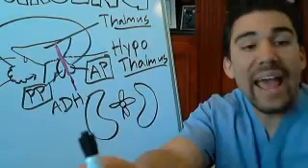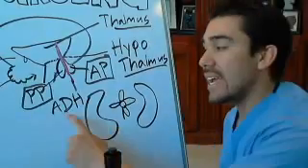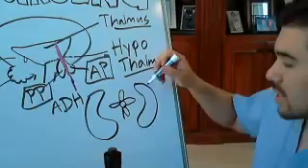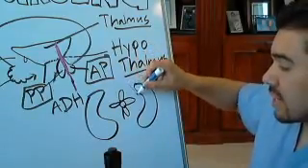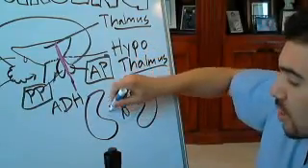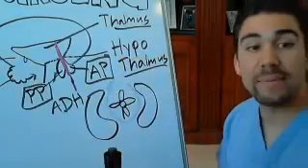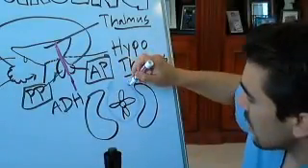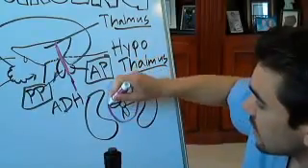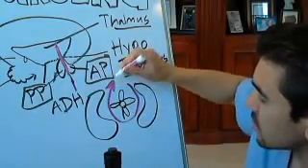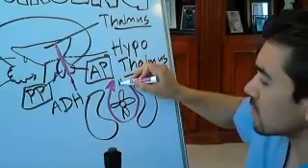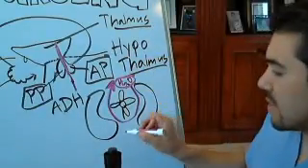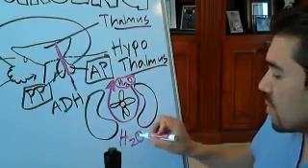Now, let's act like this ADH, anti-diuretic hormone, is that turnstile. What it does is it brings H2O and puts it back in the body. It doesn't let water out. It reabsorbs water. H2O.